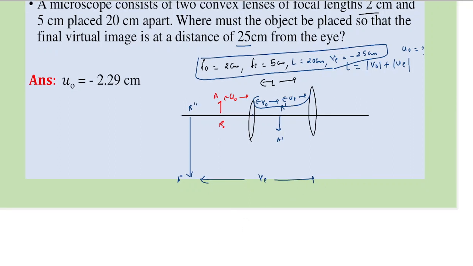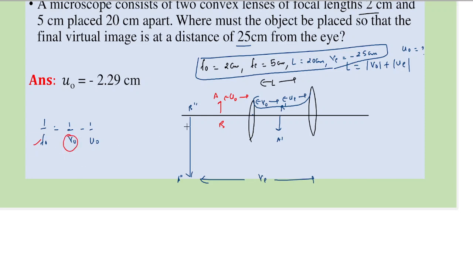Now to find u0, we can use the lens equation, which says 1 by f naught is equal to 1 by v naught minus 1 by u naught. We know what is f naught as given here. We don't know what is v naught. So first thing is to find what is v naught.